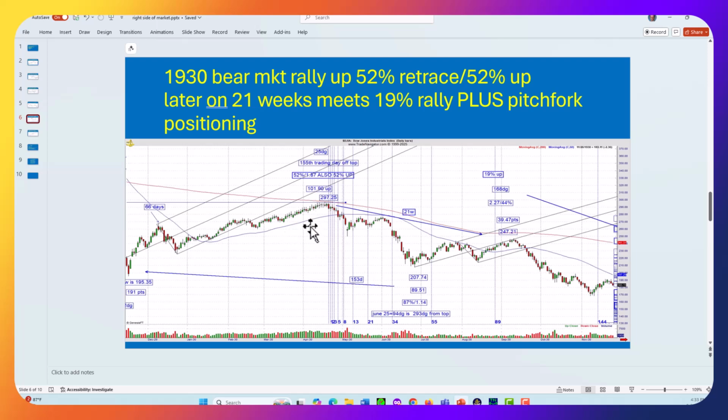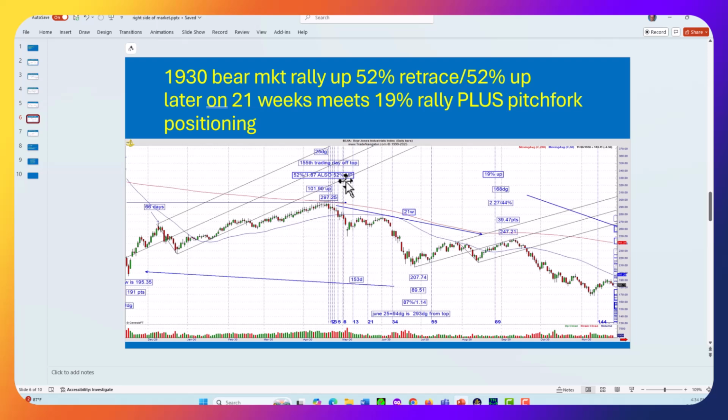We already knew, because I've been showing you this chart for 10 years, that this high came in at the 155th trading day off the top, which was the top of 29, and it was also 154 days up. It's a 52% retracement, but now that I put the number on it, heck, it's also a 52% rally.